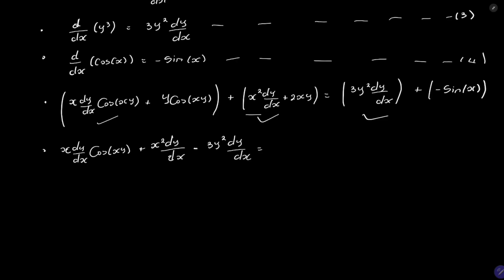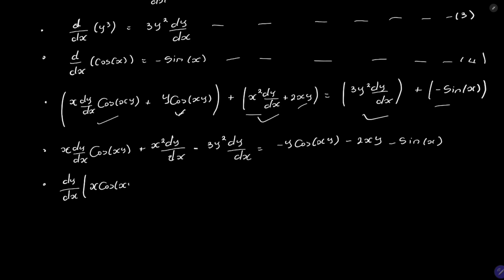Now we move all the terms without dy/dx to the other side. We start with this term, negative y cos xy. The next term, minus 2xy. The last term, minus sine x. We can then factorize dy/dx, leaving us with x cos xy plus x squared minus 3y squared equal to minus, let's factorize minus out, y cos xy plus 2xy plus sine x.